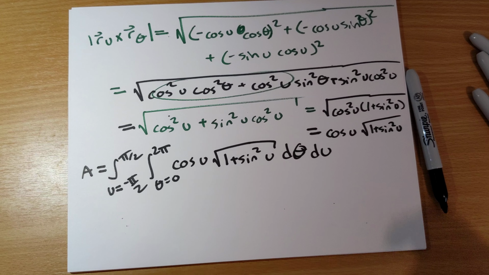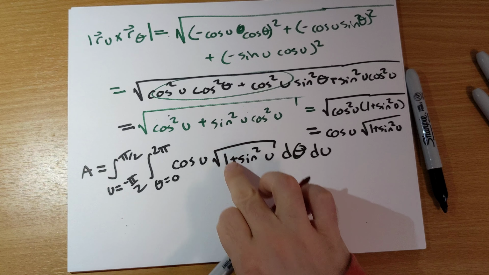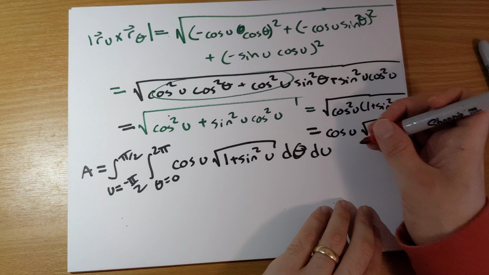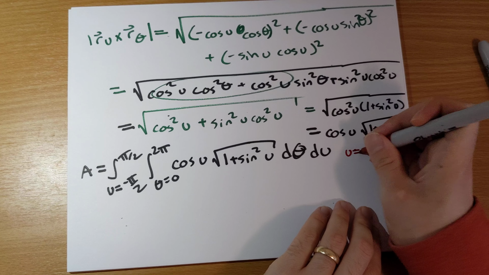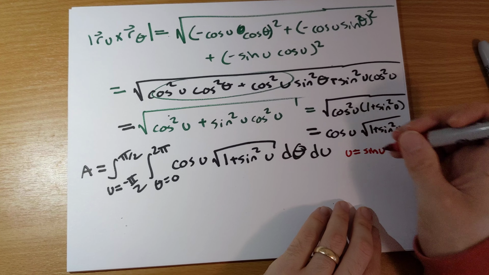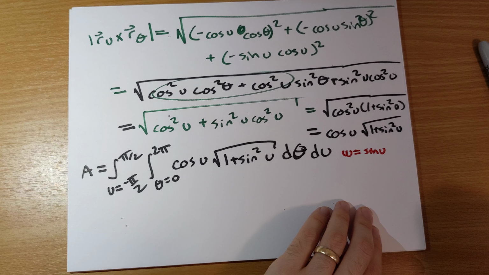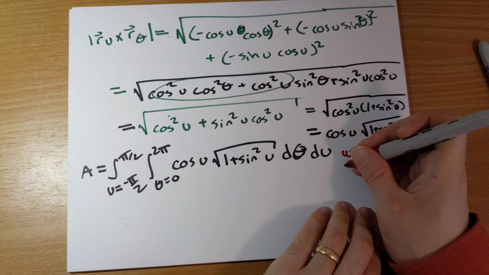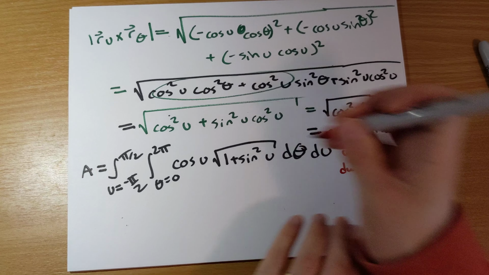Okay, how to finish off this problem here? Let's do it with substitution. This square root here is kind of nasty, but if we replace sine u with u, oh, can't do that. That's repeating letters here. So let's use w equal to sine u. If w is equal to sine u, dw is equal to cosine u du.